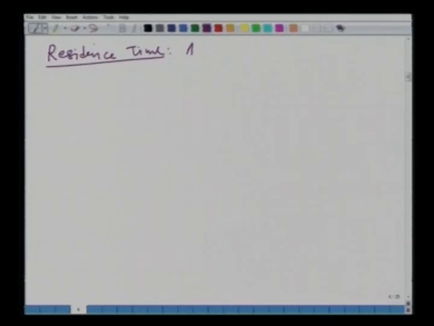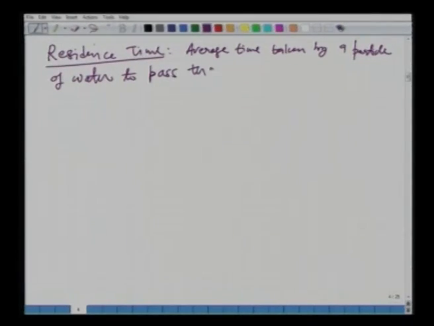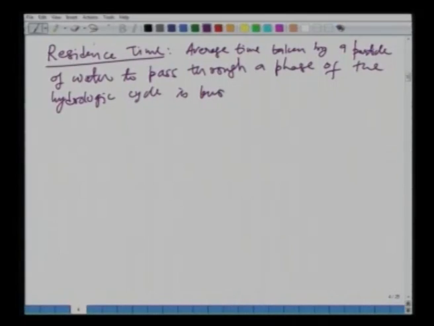First of all, looking at the definition, the average time taken by a particle of water to pass through a phase of the hydrologic cycle is known as or is called the residence time.